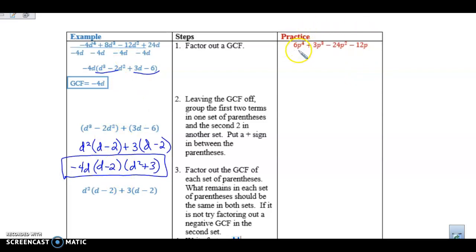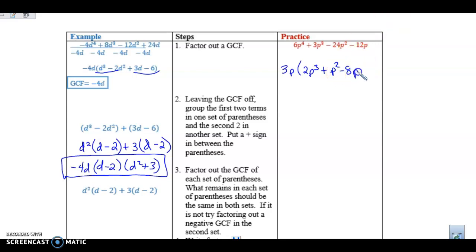When I look at this, I can see that 3 and p go into all of them. So I have 3p times 2p to the third power plus p to the second power. Whoops, that's minus.